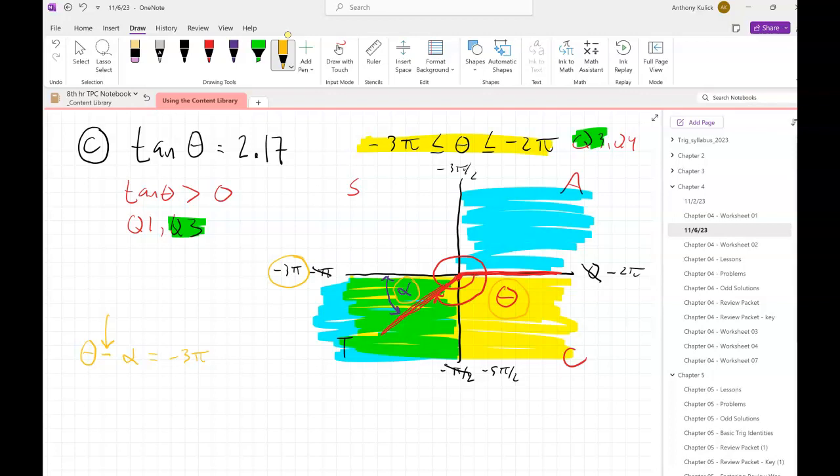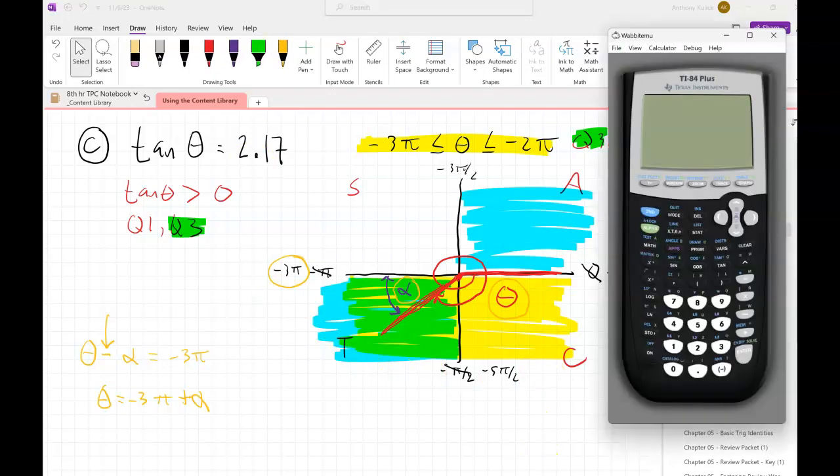But that's it. So to get theta by itself, I'm going to add alpha to both sides. And then it's calculator time. And again, I'm skipping writing the absolute values because I'm just doing them in my head.